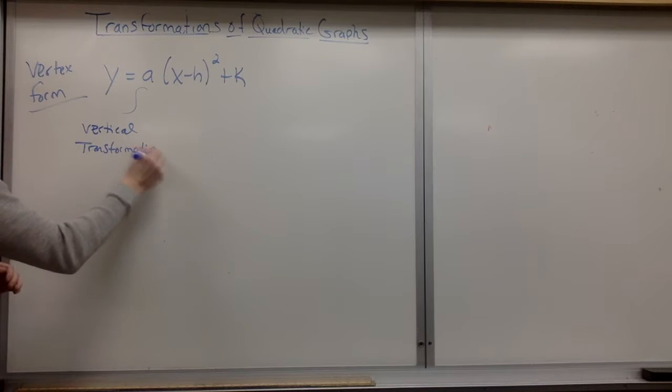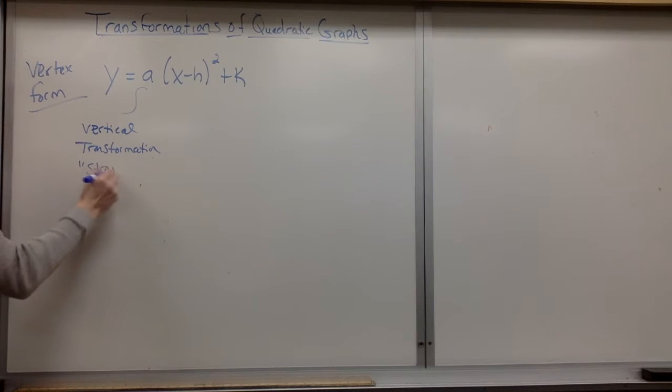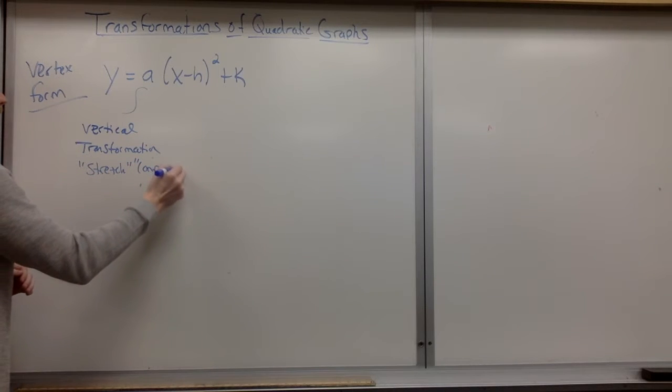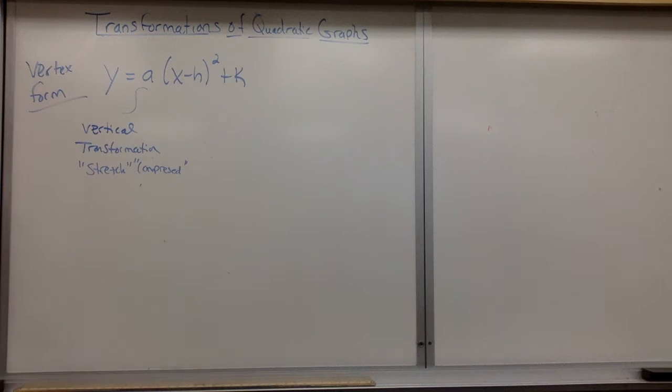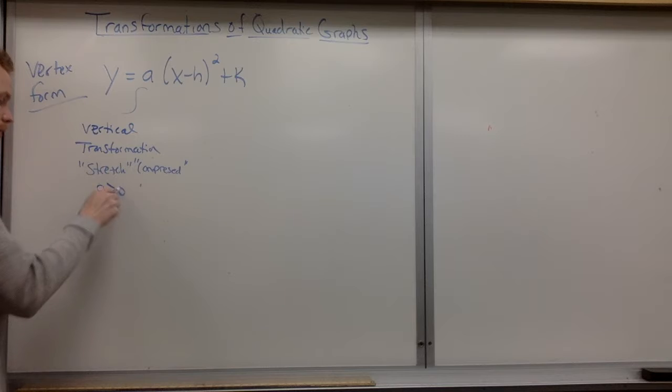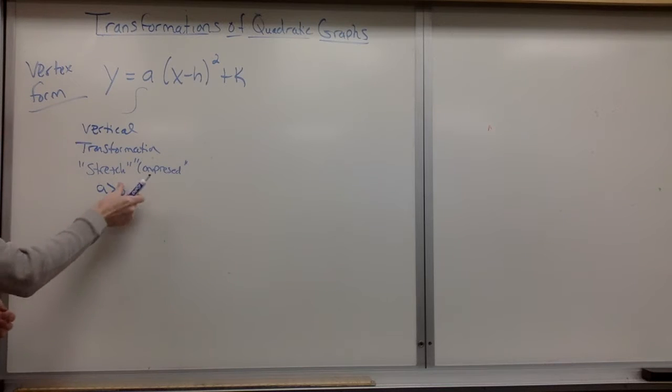So that was what? It was either being stretched or compressed, depending on what the value was, right? Stretched means that the A value had to be greater than 0? Actually, specifically, I'm sorry, greater than 1. If it was compressed, it was between 0 and 1.